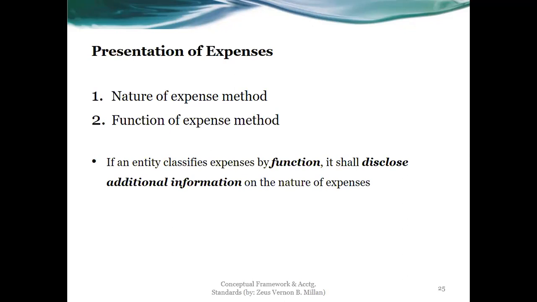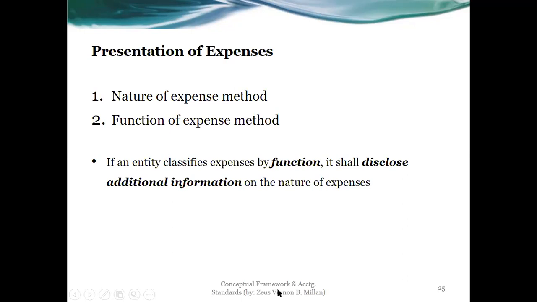So all transactions related to borrowing of money. All other expenses not classified under selling, administrative, and finance will be under other expenses. An example of that will be casualty losses coming from fortuitous events or acts of God, like typhoons, volcanic eruptions, and so on.